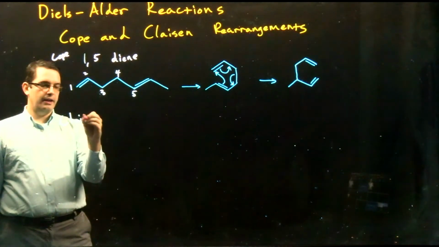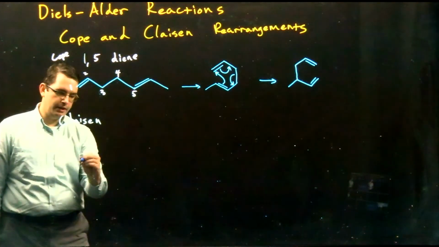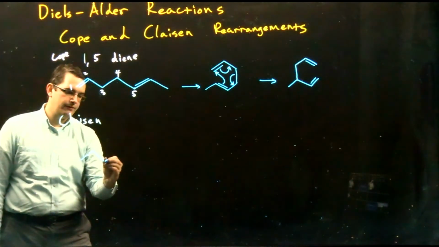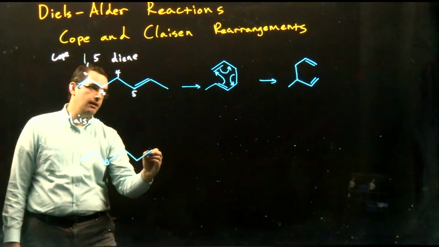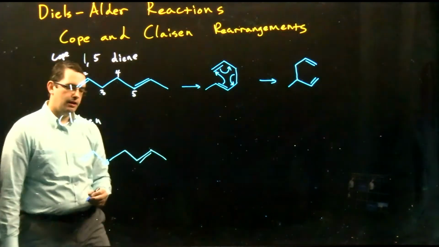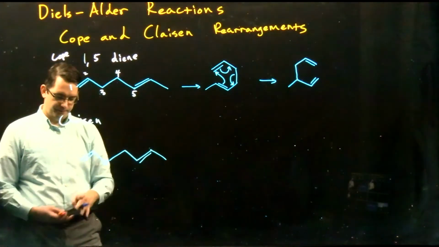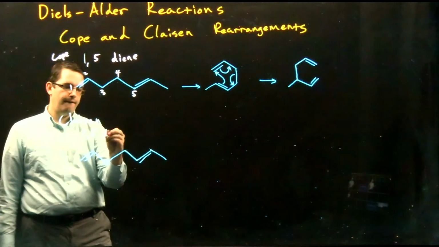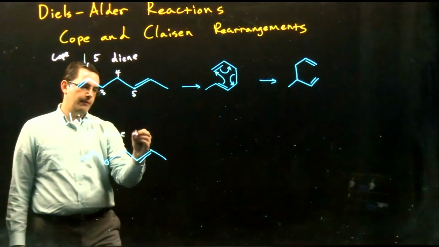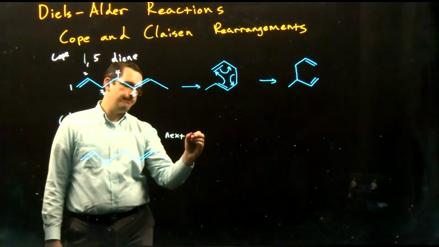So for our Claisen, we're going to have a very similar looking reactant. We're going to have a 1,5 diene, but the difference here is we're going to add an oxygen next to one of our alkenes here. So we again have a 1,5 diene, but we have oxygen next to one of them.